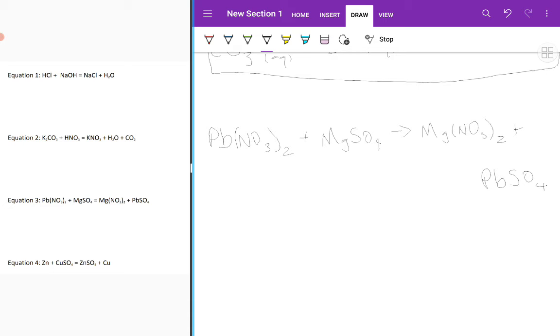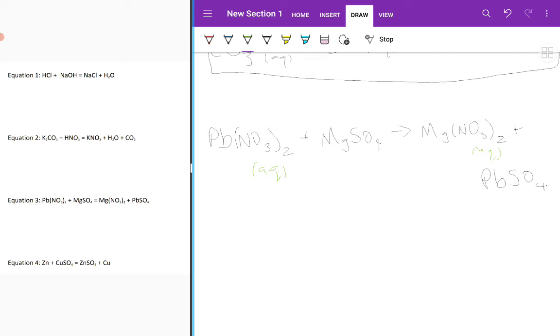Now we need to consider our state symbols. All nitrates, all of them are aqueous. So lead nitrate and magnesium nitrate are aqueous.